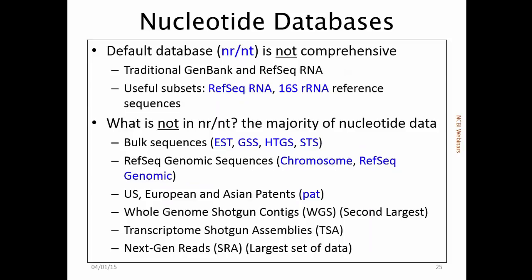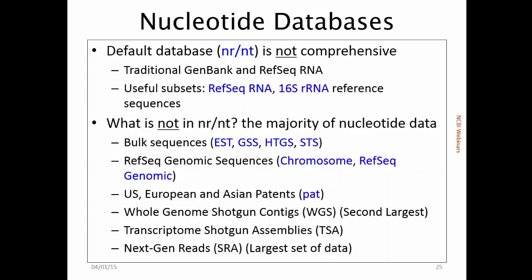What's in it are traditional GenBank sequences. These are things that meet the standards of going into the old-fashioned GenBank divisions, where they have the primate division and the plant division and so on and so forth. There's a certain standard of accuracy. Originally, there was a certain idea that they would be well-annotated sequences with lots of biological information, plus our reference sequence RNA sequences, which are a very useful set of data.